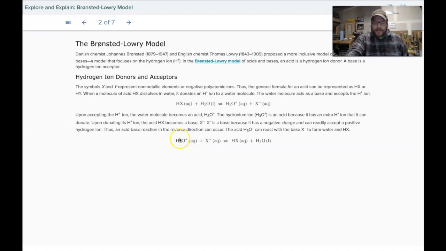And so in that case, this would now act as an acid, and it would donate it to X, and X would now be the acceptor, and so X would now be the Bronsted-Lowry base. So up here, water is acting as a Bronsted-Lowry base, and then down here, the hydronium ion is acting as the acid, and X is acting as the base. So it's about who is giving up the hydrogen and who is accepting the hydrogen.